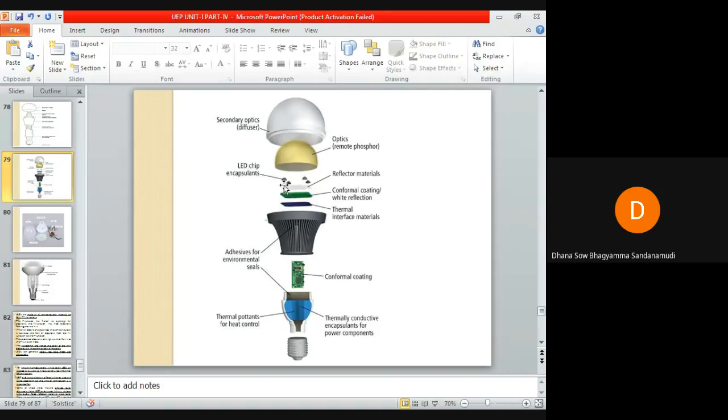So LED chip encapsulant, reflector materials, conformal coating, and thermal interface materials. This is the sealing and conformal coating, thermal conducting encapsulant for power components, and thermal potting for heat control.